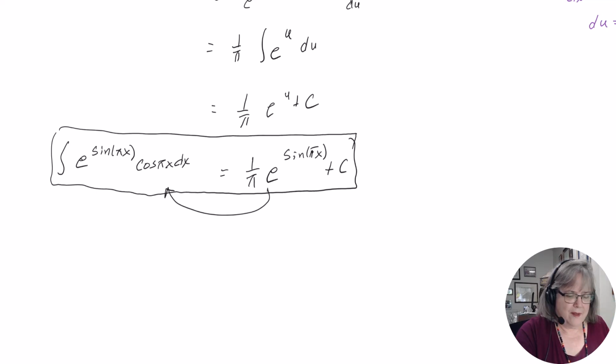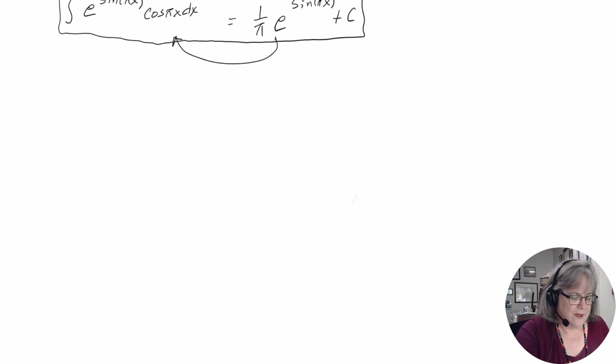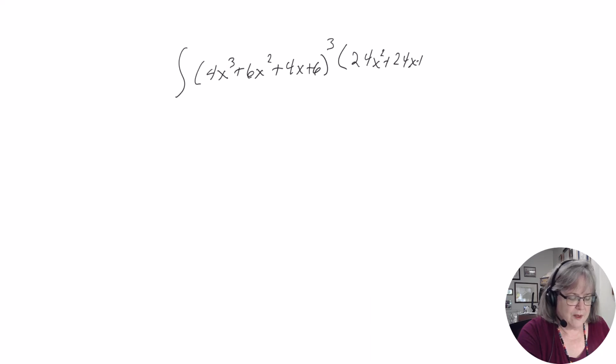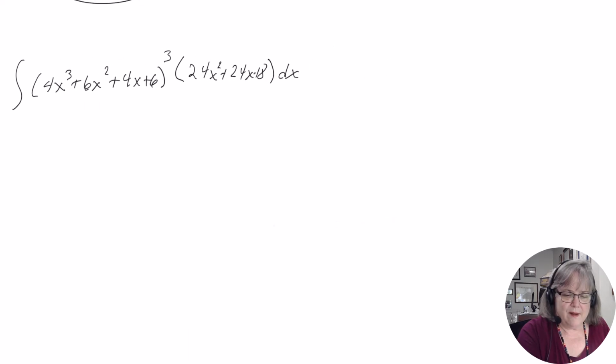I'm thinking I might skip the next one I was thinking about doing. Let's do this one. The integral of 4x cubed plus 6x squared plus 4x plus 6, cubed, times 24x squared plus 24x plus 8 dx. I think you can kind of tell which one's u. It's the biggest powered part on the inside.